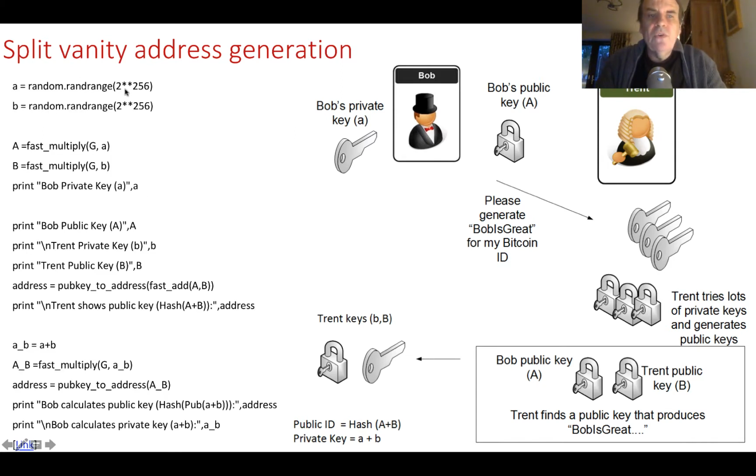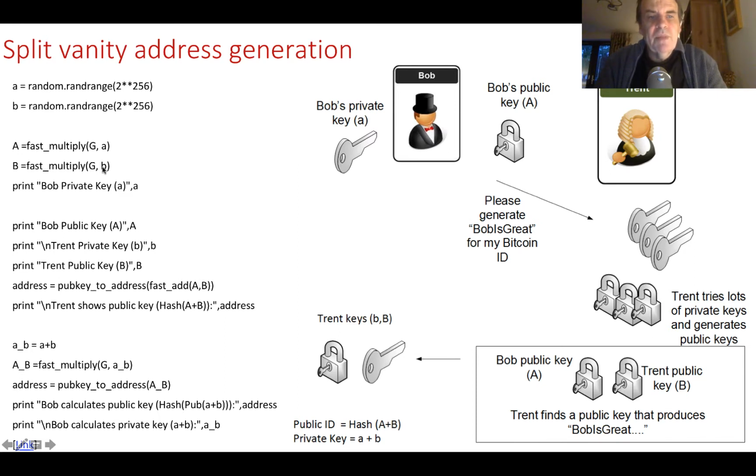Well, here's the code that we could prove it. So we'll allow a and b to be generated as random keys. These are scalar values. Then we'll calculate the public key by multiplying a times G, which is the point on the elliptic curve. That will give us 2 points, which are our public key.